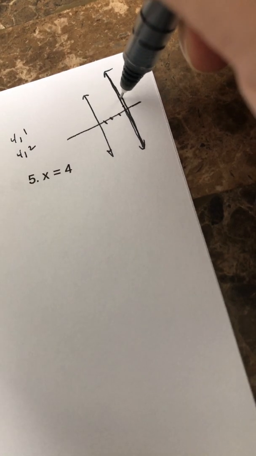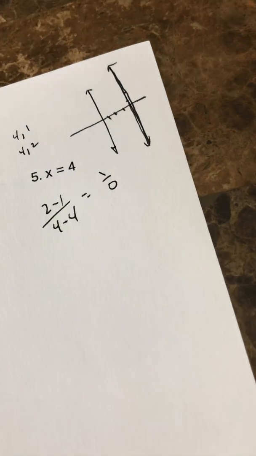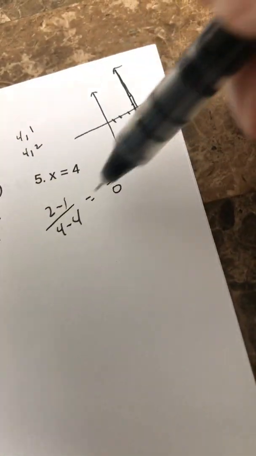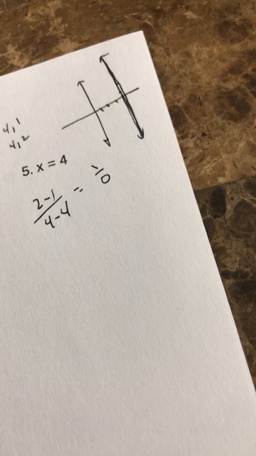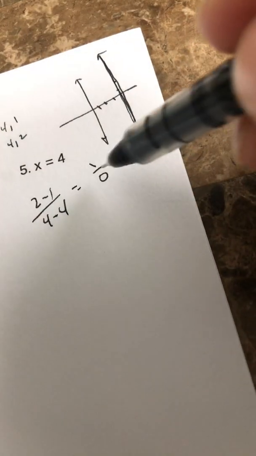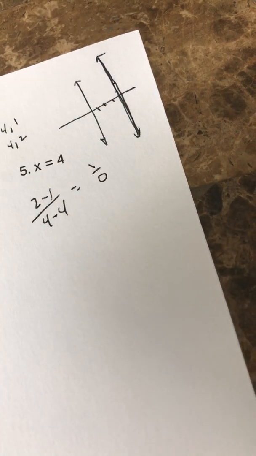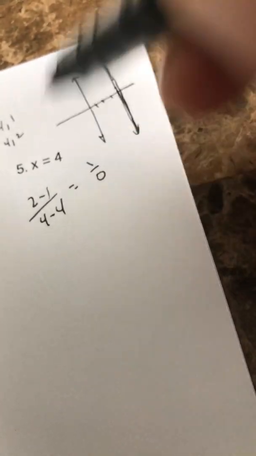If I do my slope process here, now what you should notice is the bottom is 0. And if you tried to type that into your calculator, it's going to tell you error, because one thing in math that we can't do is divide by 0. So the slope of any vertical line is always undefined.